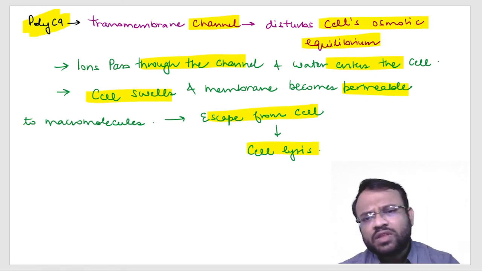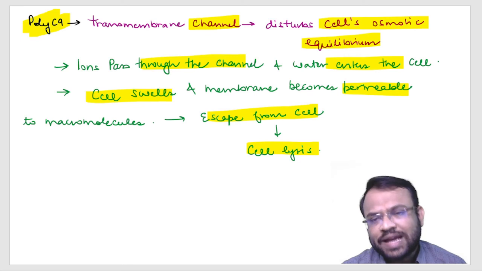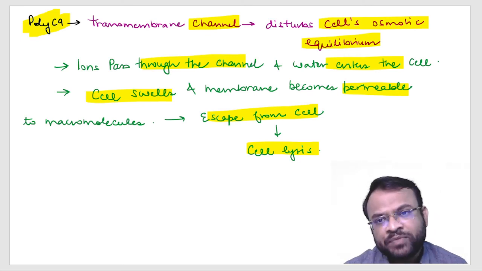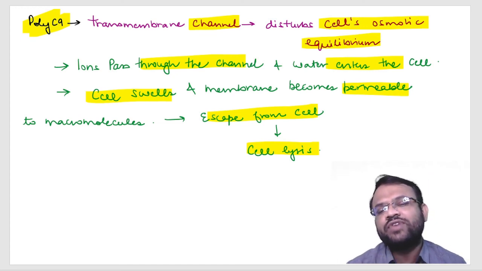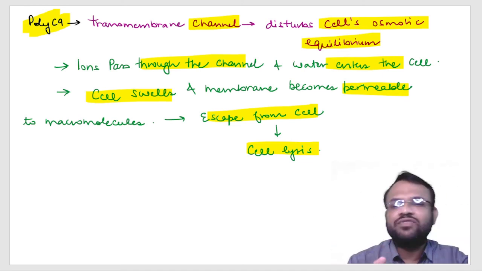So if we brush up whatever we have studied, in case of the classical pathway and the lectin pathway, we talked about formation of C4b2a, and finally C3b got associated with it, C4b2a3b. This was called C5 convertase.